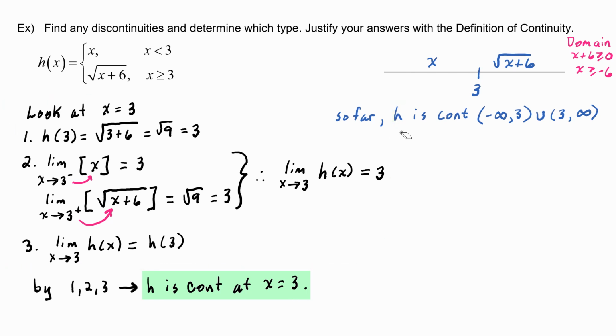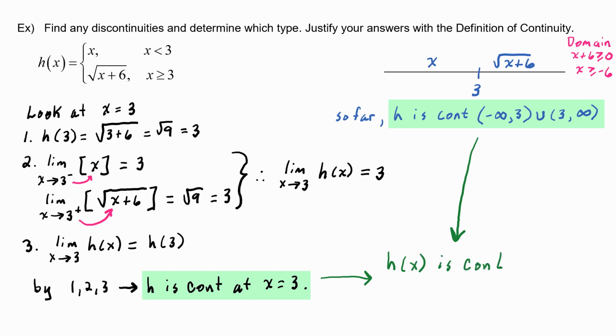We already knew that h was continuous everywhere else from analyzing the piecewise function. So combining those two, this tells us that h of x is continuous for all values of x, which is negative infinity to positive infinity.